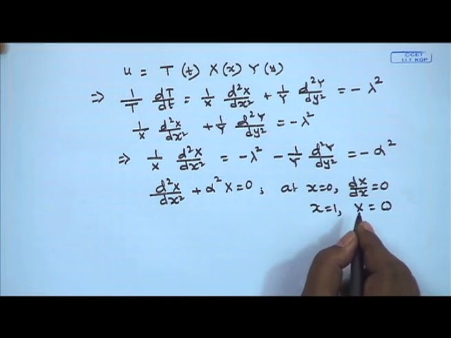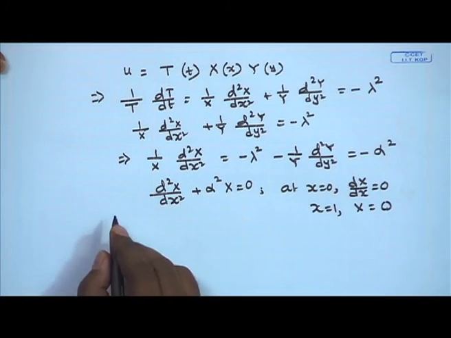Now, we have already seen the solution of this problem earlier, that if there is a Neumann boundary condition prevailing at x is equal to 0 and a Dirichlet at x equal to 1, then the eigenvalues are (2n minus 1) pi by 2, and the eigenfunctions were cosine functions. So, let us write that down.